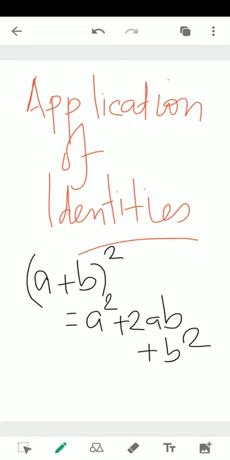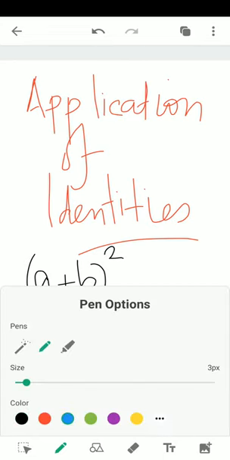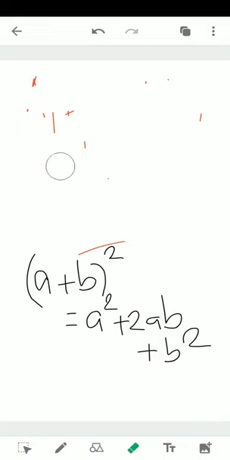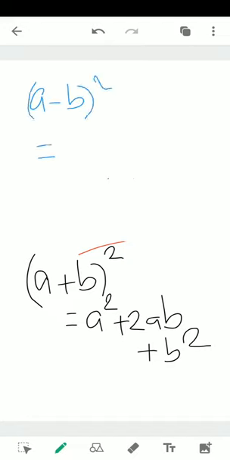And one more identity which we will be using in this chapter is (a minus b) whole square equals a square minus 2ab plus b square.